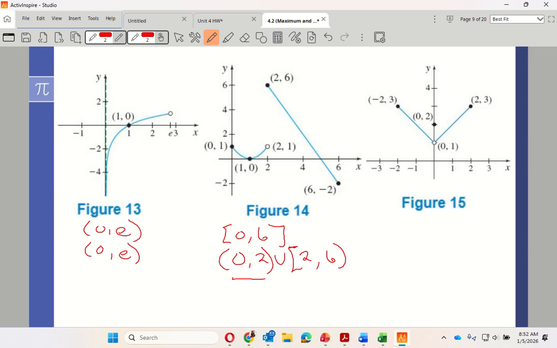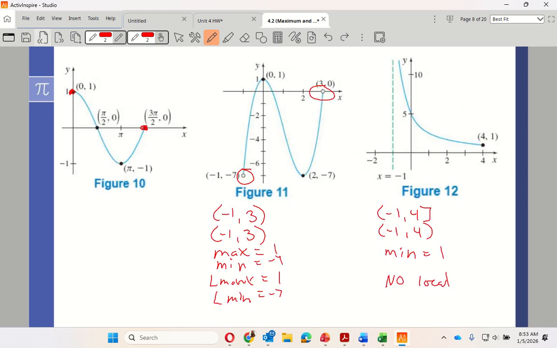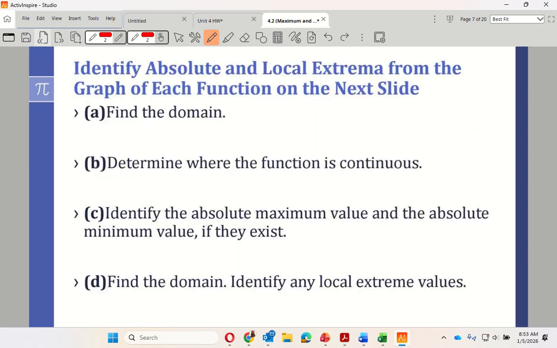Oh, okay. So I got it wrong on this part. I'm right at the other thing though. It's these right here which I was getting wrong. This one right here should have been brackets, so it's the same as the domain.